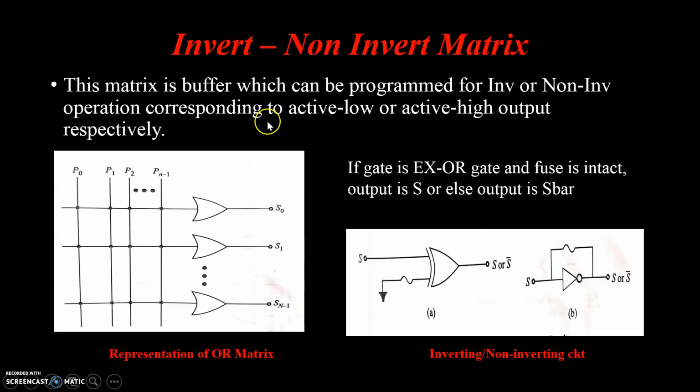This matrix is a buffer which can be programmed for inverting or non-inverting operation, corresponding to active low or active high output respectively. Here is the representation of the OR matrix. Inputs are given by P0 up to Pn, and outputs are S0, S1 up to Sn minus 1, where n is capital. This is the diagram for the inverting or non-inverting circuit.